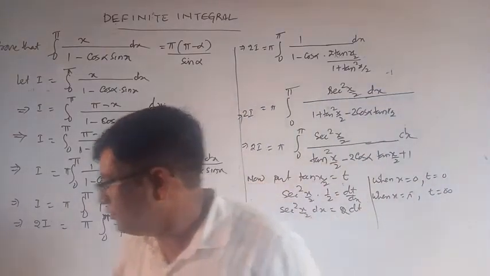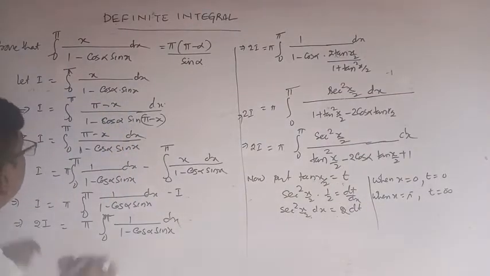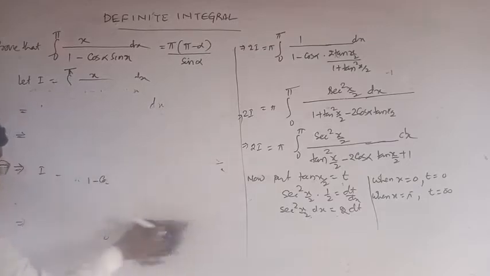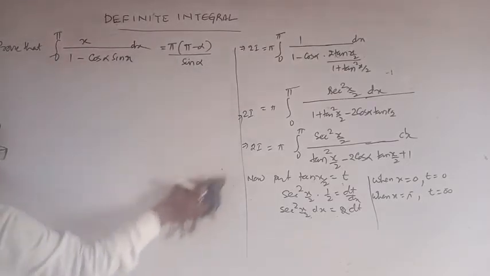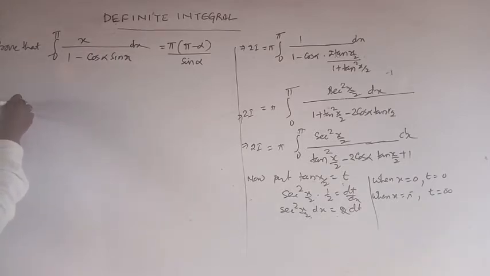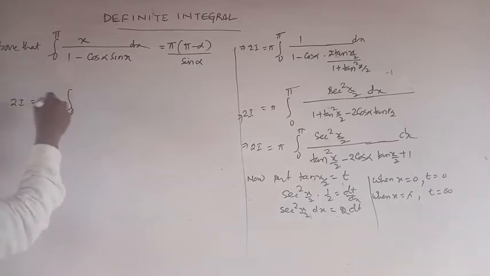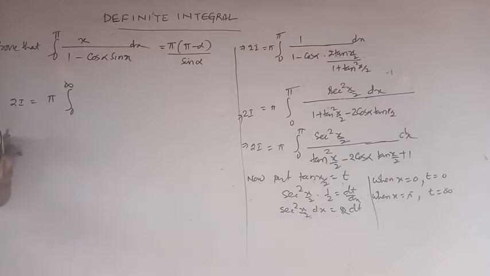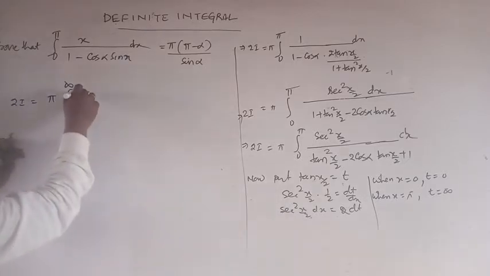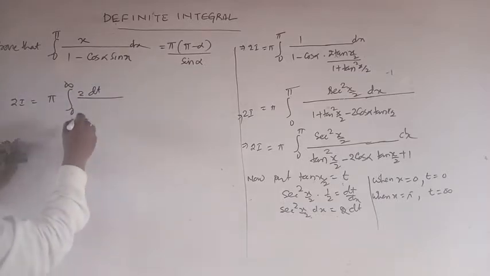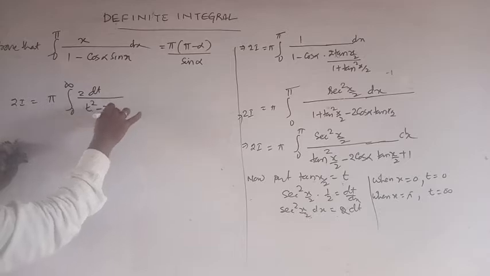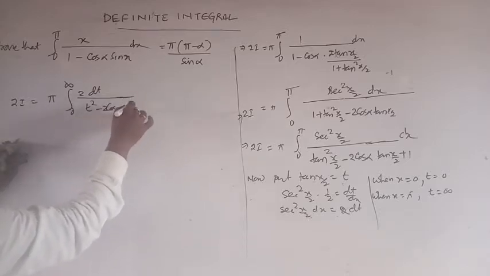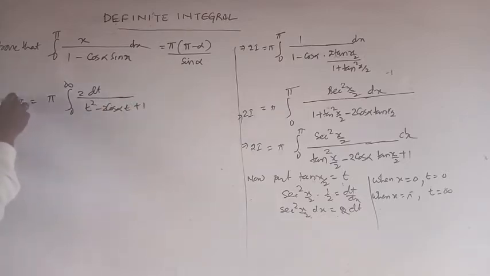Now 2I is equal to pi times the integral from 0 to infinity of 2 dt by (t square minus 2 cos alpha t plus 1). So the 2 cancels here.